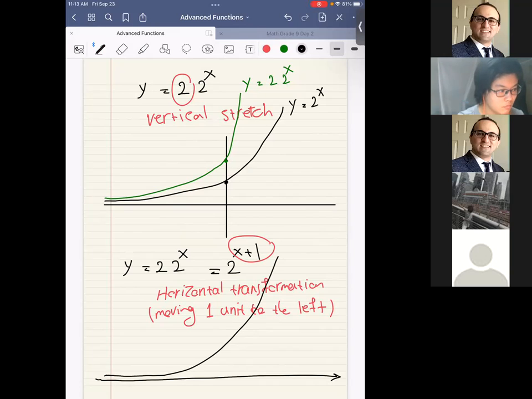Now, imagine that this is x equal to 0. If you shift it 1 unit to the left, then what do you get?